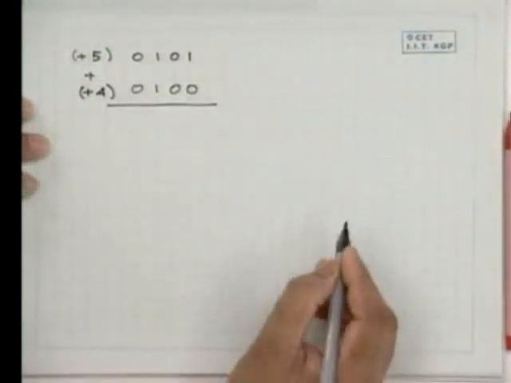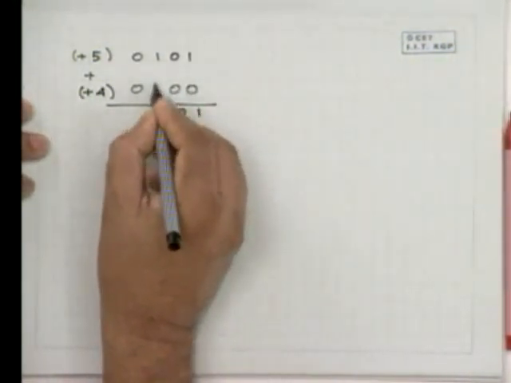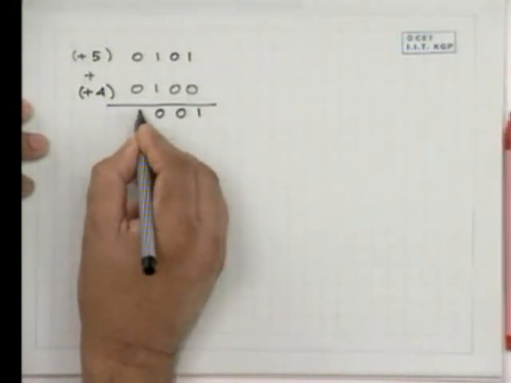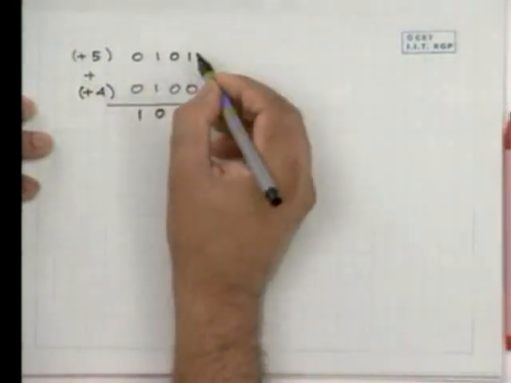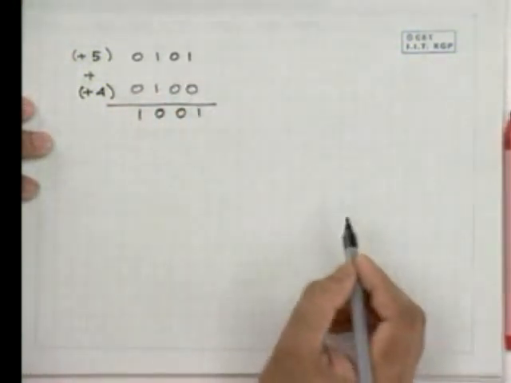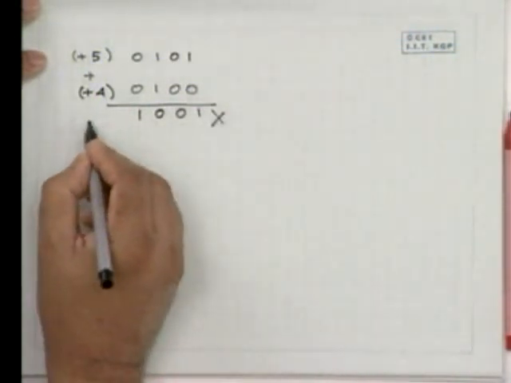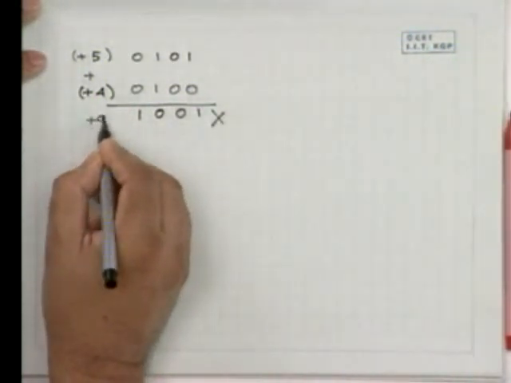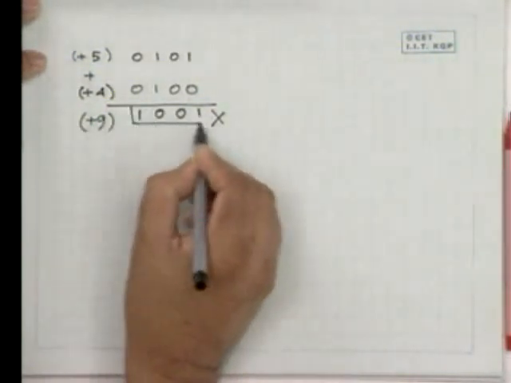You can see immediately that if we add, we get 0 here, we get 0 here, we get 1 here. Now, this definitely, if we are thinking in terms of 4-bit numbers and 2's complement, is a wrong result, because the plus 9 that would have been the correct result cannot be contained in this 4-bit.